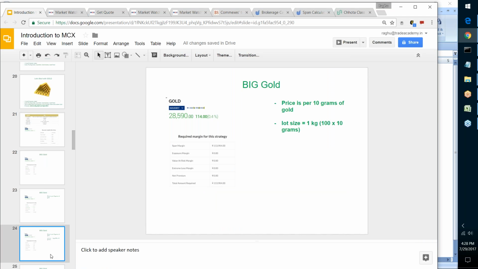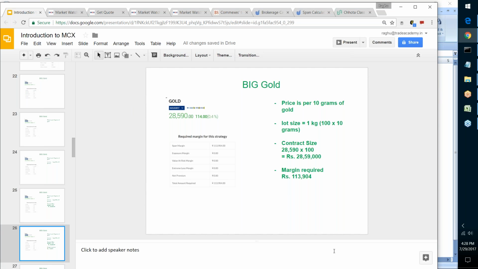Like I said, the price is for 10 grams of gold. Guys, I'm just covering gold right now, but if you understand gold, you can understand anything: silver, platinum, all the different metal products. And when I go through crude oil, you can apply the same thing to natural gas and all the other oil products.